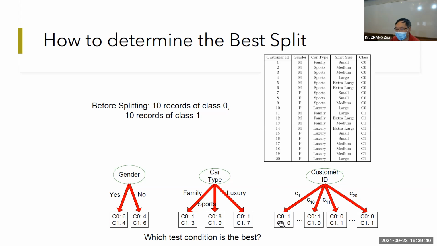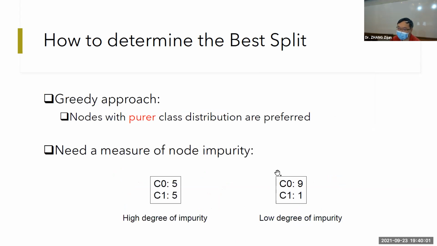The class will be C0. And if the customer ID equals 10, then the class will also be C0. So based on each customer ID, we will have a clear observation of the decisions.